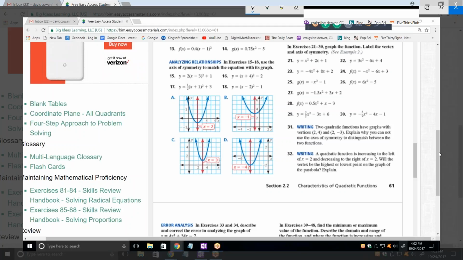Okay, so they want the vertex, the axis of symmetry, and they want you to label it. What's the first thing we need in order to graph it? What's the most important point of a quadratic?